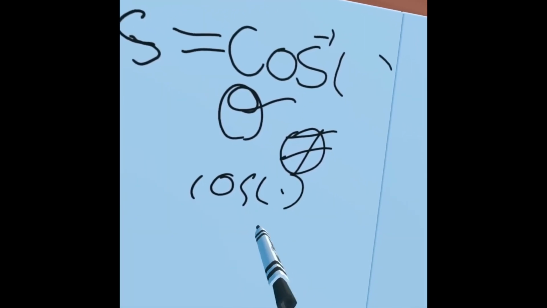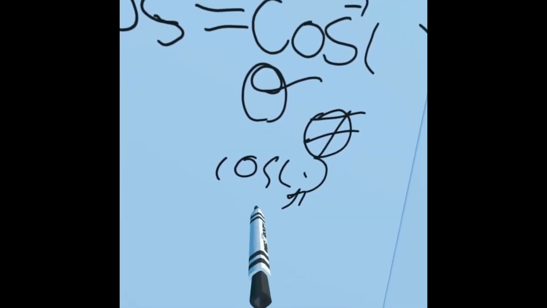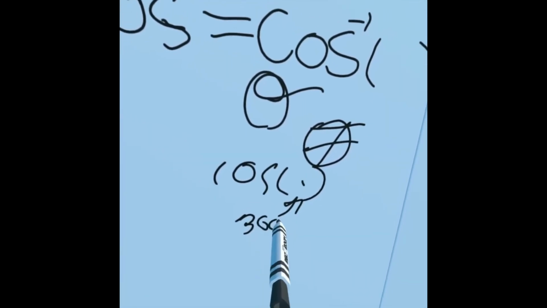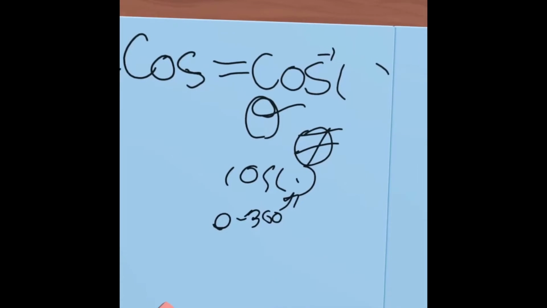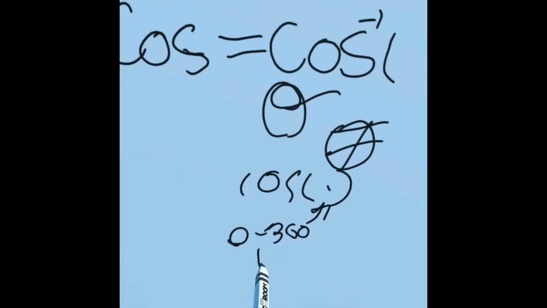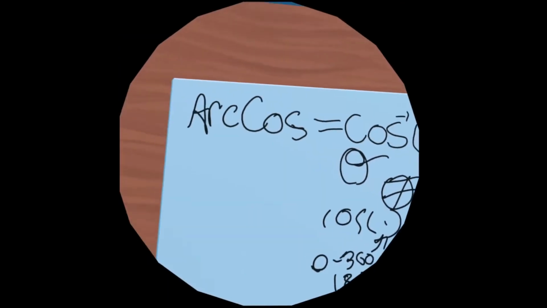You'd put some degree in there. That can generally be between 0 to 360, although after 180, it kind of repeats itself.